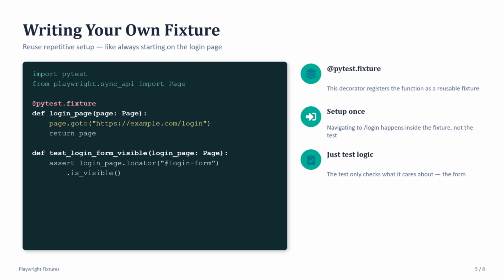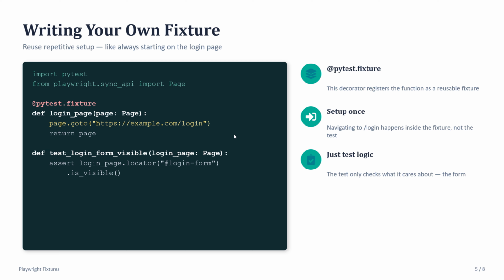And how you can create a fixture, basically, you need to use this decorator, which is @pytest.fixture. You put this decorator on top of the function so that pytest considers this function as a fixture.